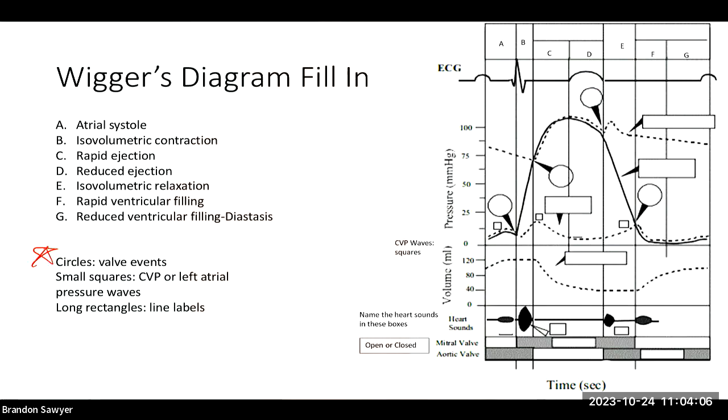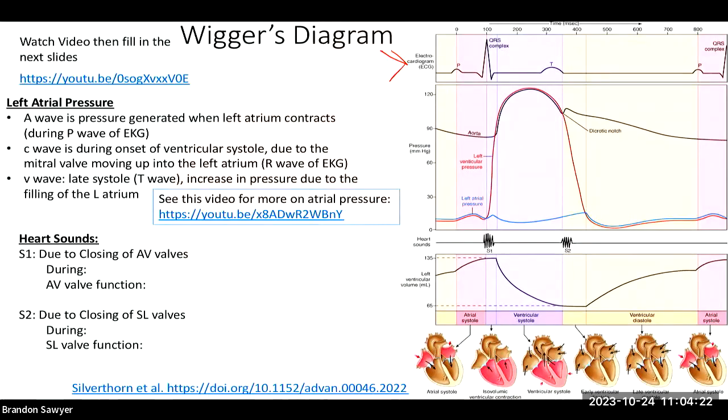Then you've got the small squares. We'll talk about these central venous pressure waves or atrial pressure waves later, so don't worry too much about those. But the rectangles are just labeling the lines, and we've got the labels of the lines right here as well, so you can look at those labels.